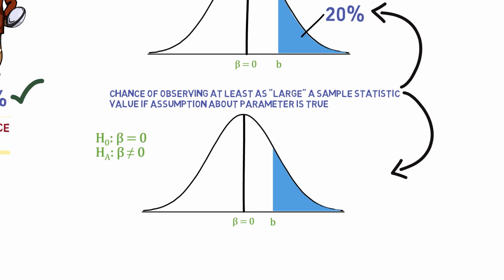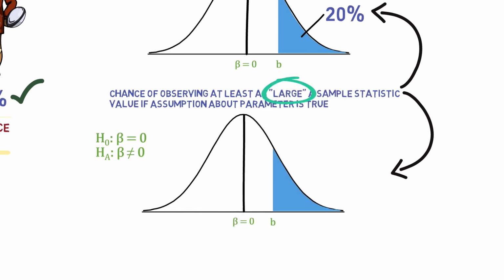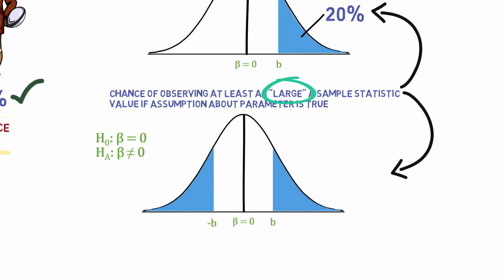But in a two-tailed test, when we think about the probability of being at least as large, we have to also account for the fact that negative values of b would be equally strong evidence against the plausibility of the null hypothesis. So with a two-tailed test, remember, large means in absolute value terms, and it's not just the probability of being greater than the positive value, but also less than the negative value.